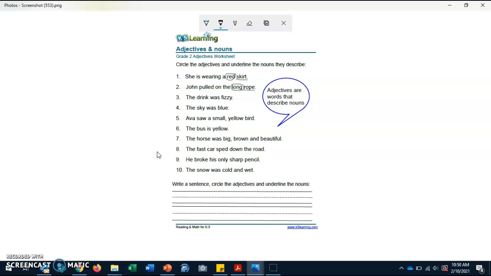Anything that is describing it, whether how big it is, how it behaves, how it looks, how it feels, how big or small it is, how long or tall it is. Anything that is describing, that is the adjective. So some might have more than one adjective. Once you are done with this worksheet, we will continue to work on goal number 3.